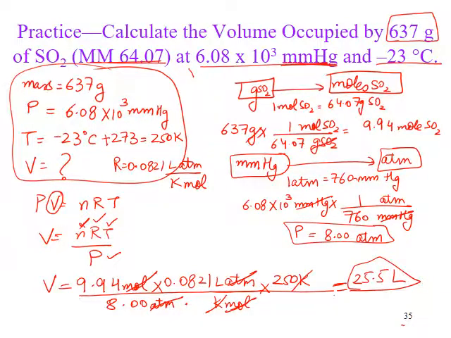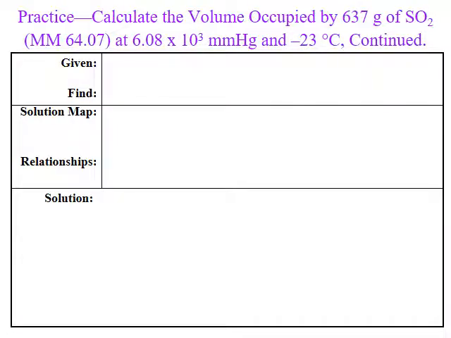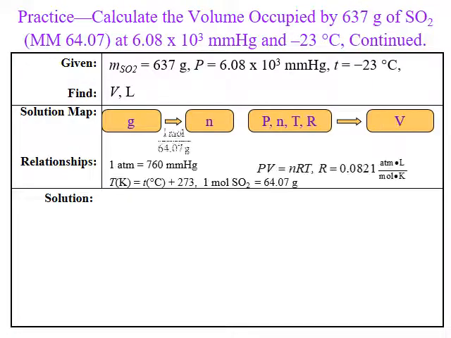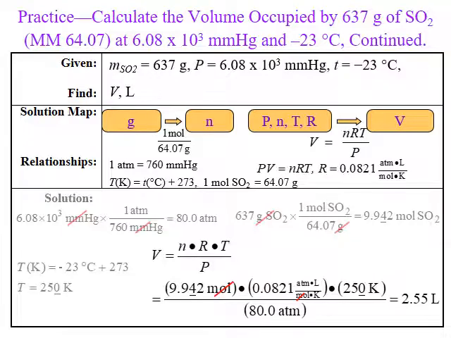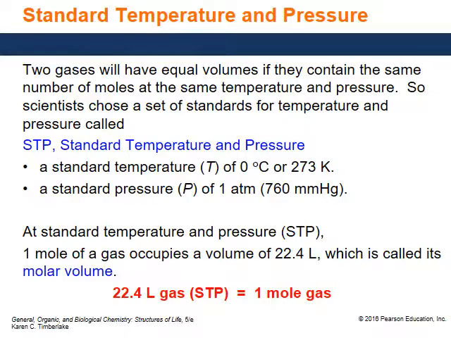Next, let's move on to the next concept of this chapter, which is the standard temperature and pressure conditions. There could be multiple temperatures and multiple pressures that are possible.